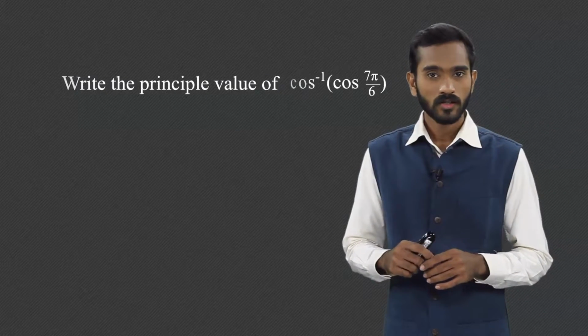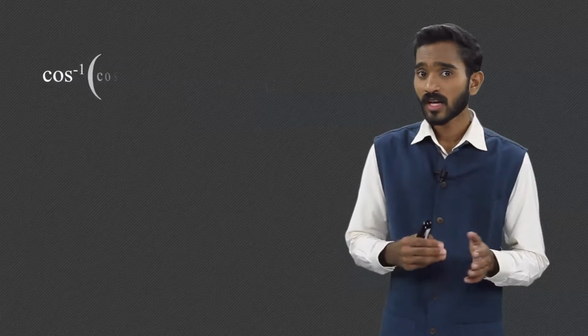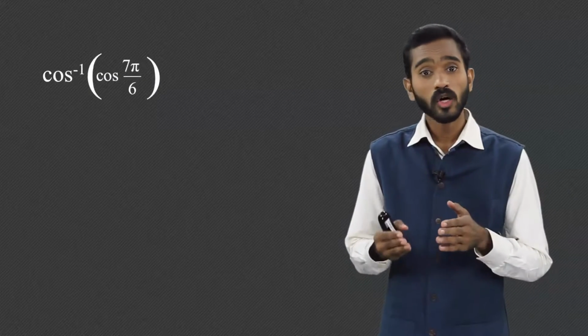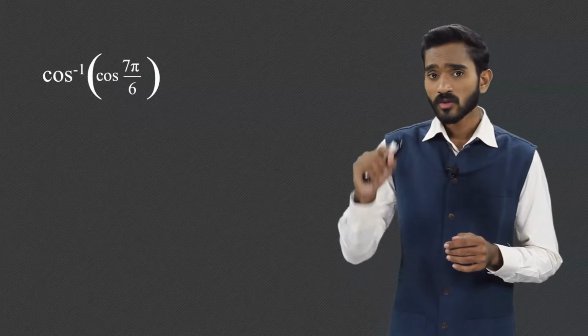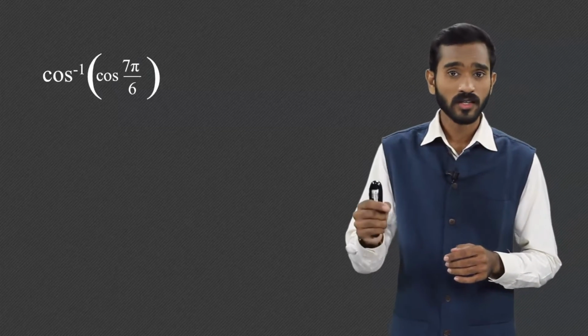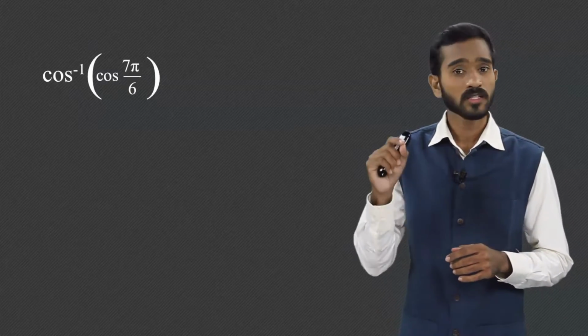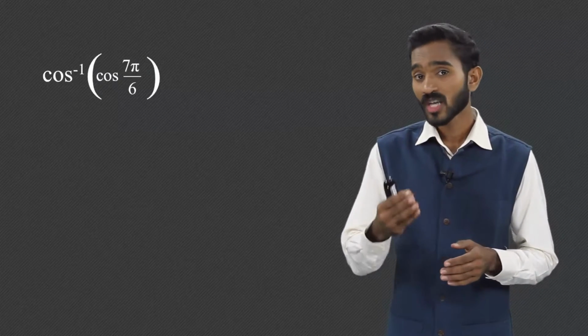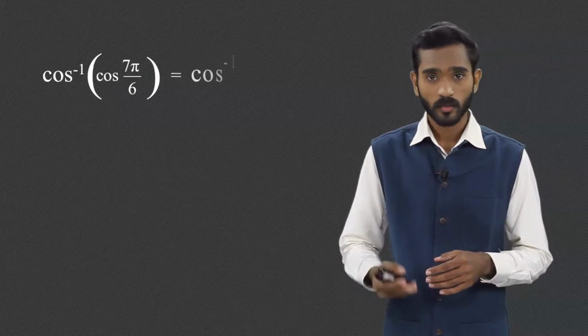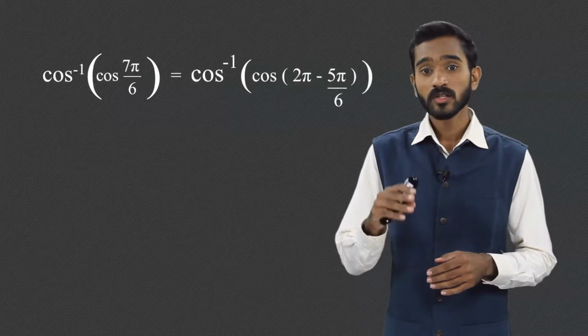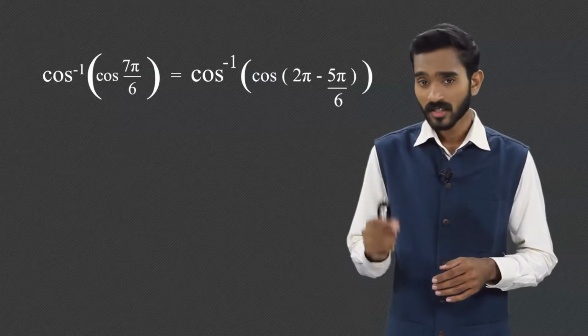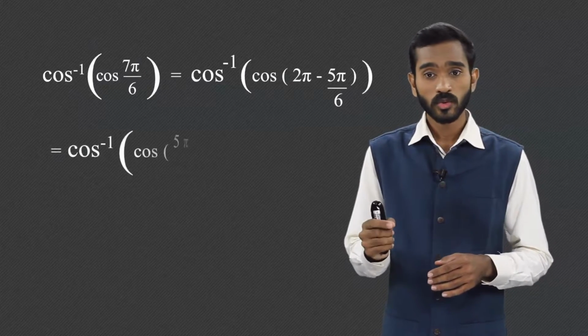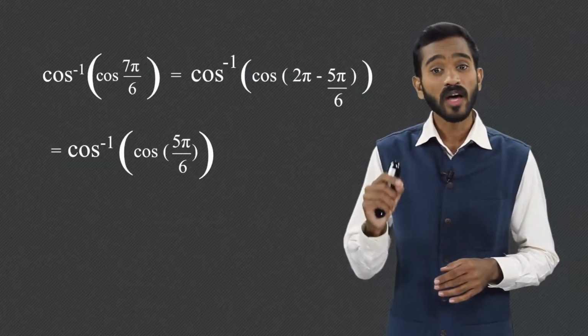So here the function is given as cos inverse cos 7 pi by 6. Now 7 pi by 6 can be written in the form 2 pi minus 5 pi by 6, and therefore cos inverse cos 7 pi by 6 is equal to cos inverse cos of 2 pi minus 5 pi by 6, which is equal to cos inverse cos 5 pi by 6.